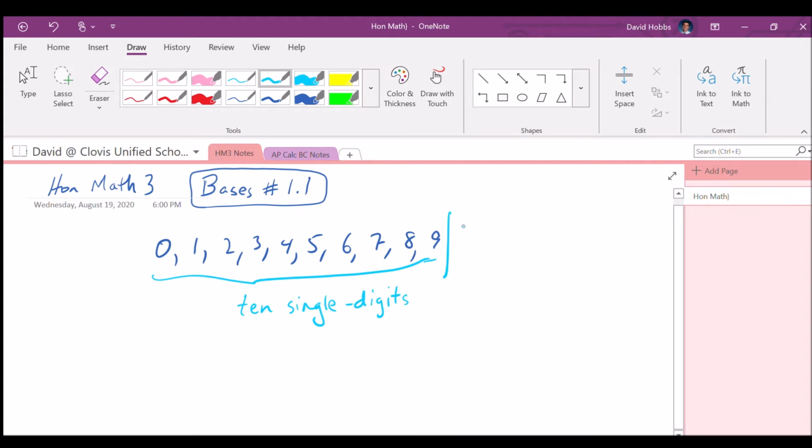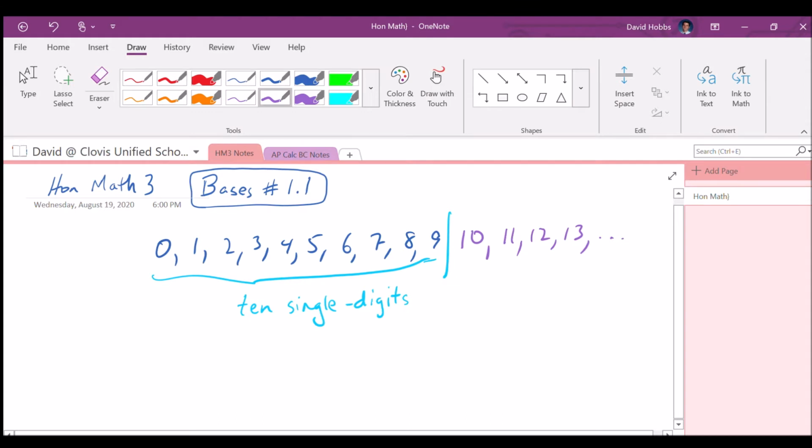So the next one, obviously, is 10, but it's written 1, 0, and then 11, 12, 13, and so on. Okay, and by the way, notice this is base 10. To actually write a 10, it takes 2 digits.